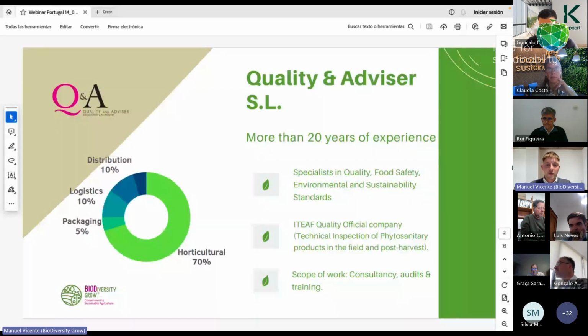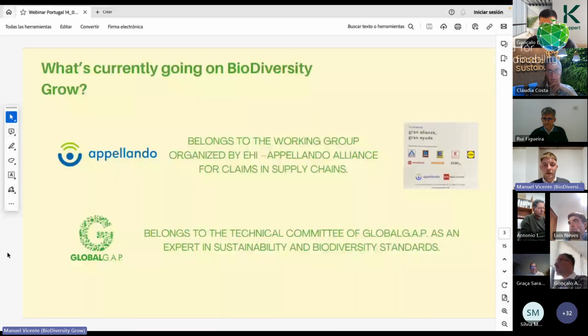And with all of this knowledge, we have created BiodiversityGrow to help the growers, the producers, and also all of the companies in our sector to implement a new sustainability path in their day-to-day way of working.